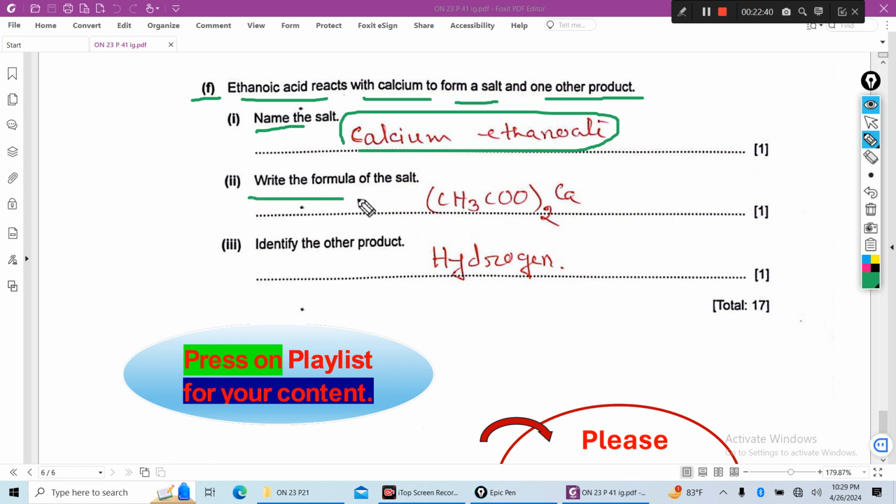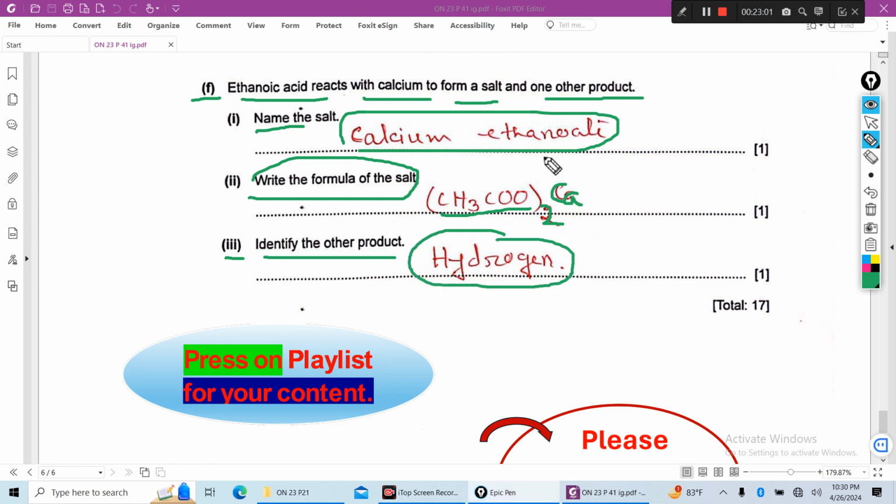Write the formula of this salt: calcium ethanoate, (CH3COO)2Ca, with two ethanoate ions, because calcium valence is 2 as calcium is in group 2. And number 3, identify the other product. This other product is hydrogen. Carboxylic acid reacts with metal to produce metal salt of carboxylic acid plus hydrogen.